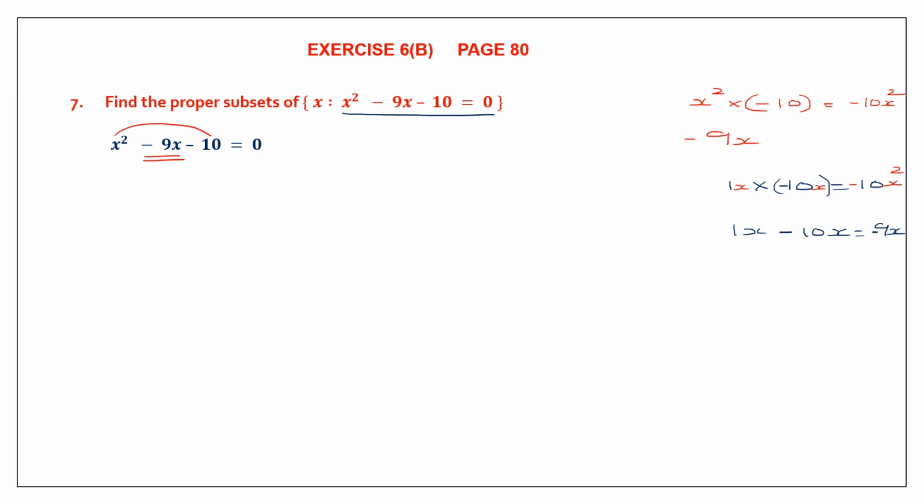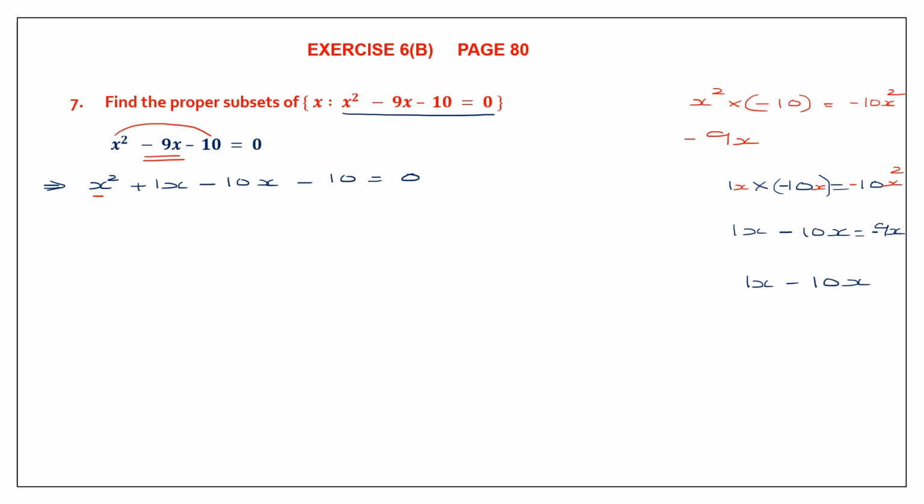That means the two terms are 1x and minus 10x. Now in the place of minus 9x, we are going to write these two. So x square plus 1x minus 10x minus 10 is equal to 0.